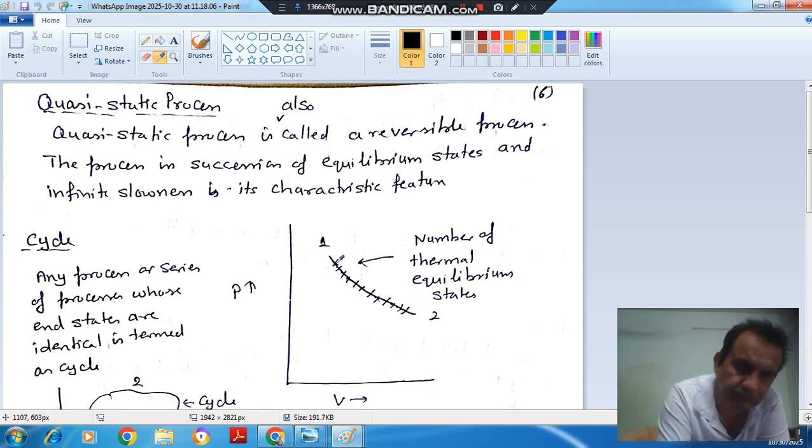So this can be said to be a quasi-static process because here in between there are an infinite number of states. These states are visible, but there are an infinite number of equilibrium states. It means suppose we have a temperature here at 30 degrees Celsius, and after a slight change, the temperature becomes 29.99999.